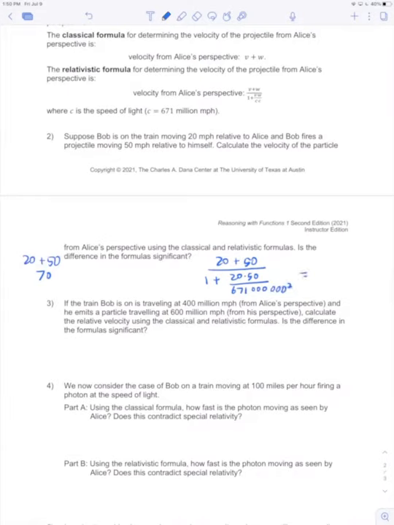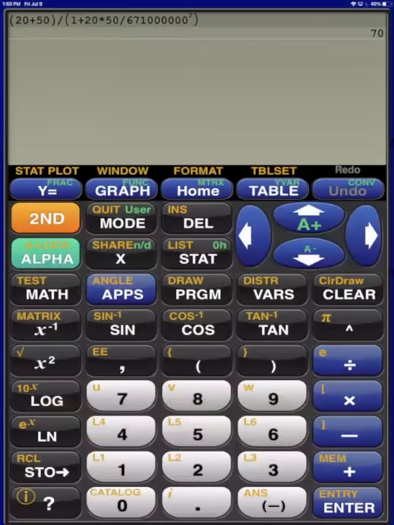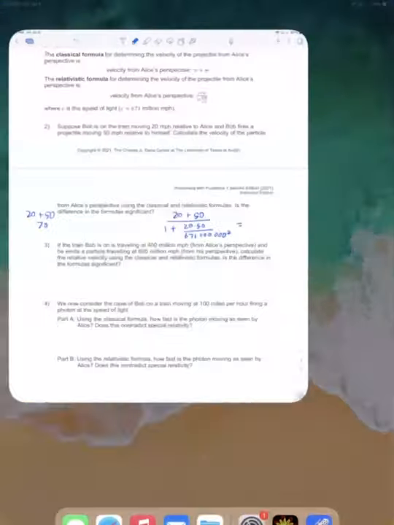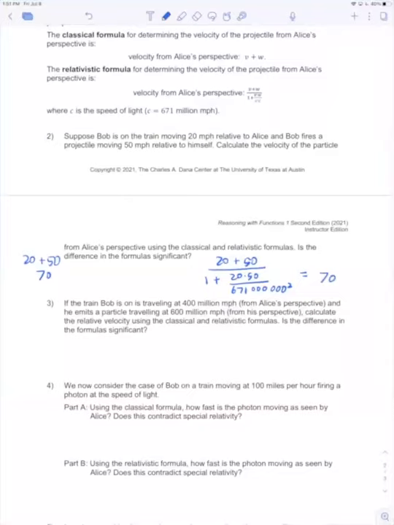Okay, so let's go to the calculator for this one. I have that entered in already, and there's the relativistic fraction, and we get 70 as our answer. So back here, we get 70 as well. Is the difference in the formula significant? We'd have to say no.